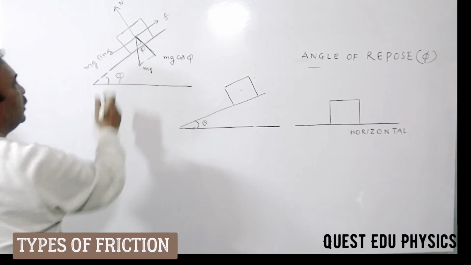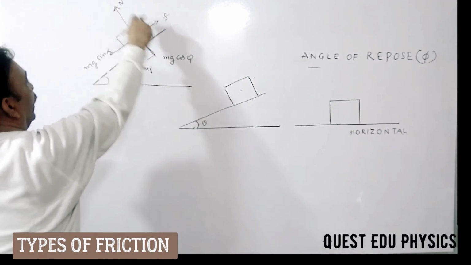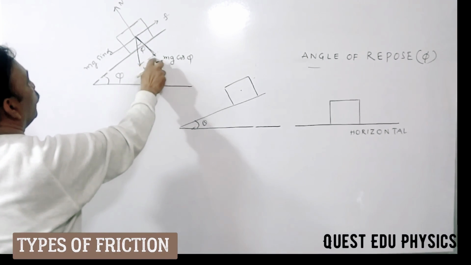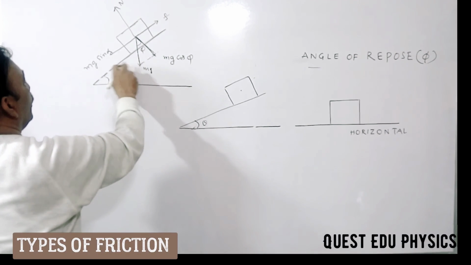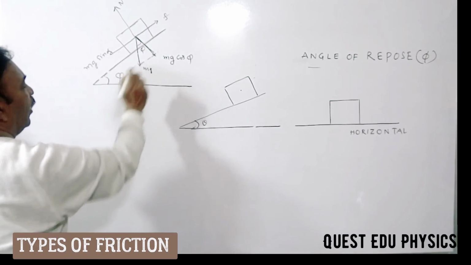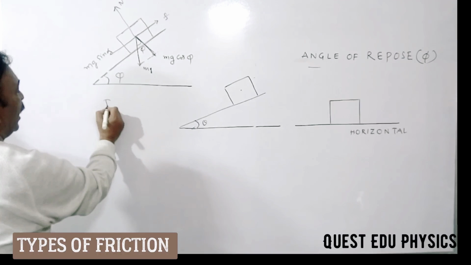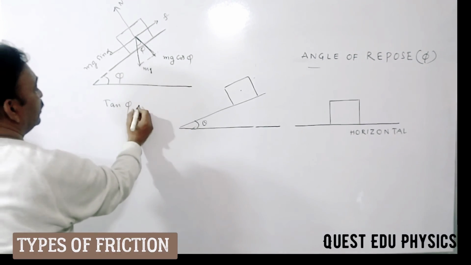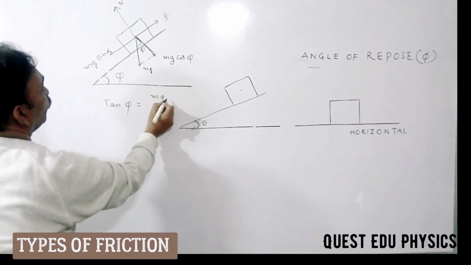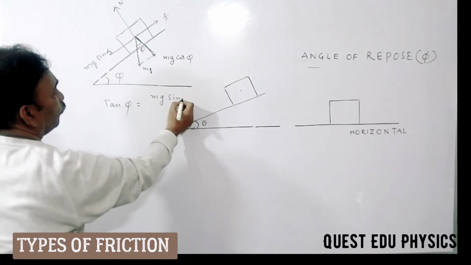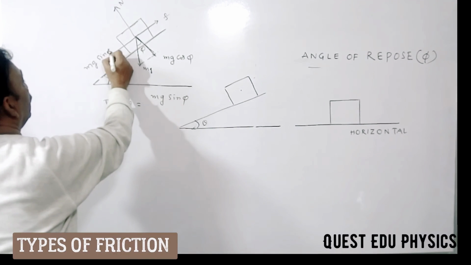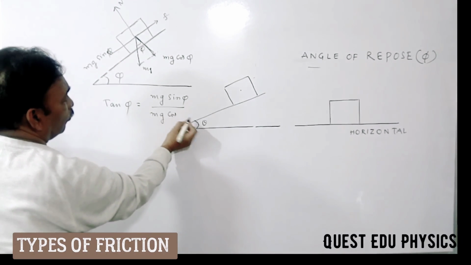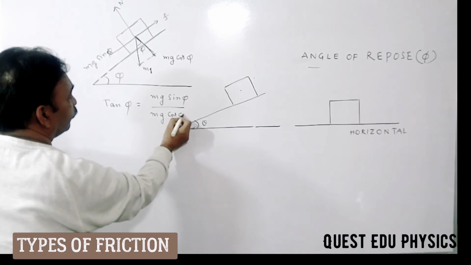Here it gets balanced with this. See, it is the mg and it is mg sine phi, and writing tan phi. Tan phi can be had as mg sine phi and mg cos phi.